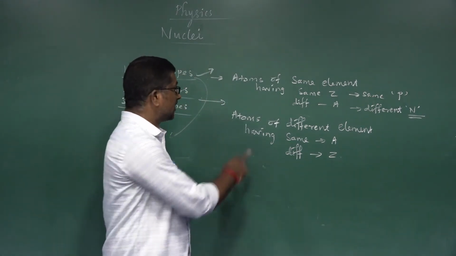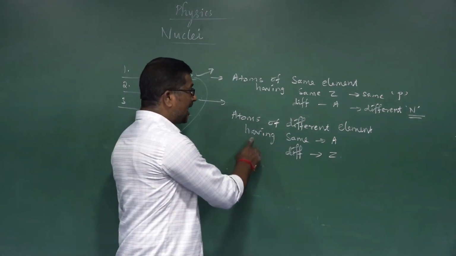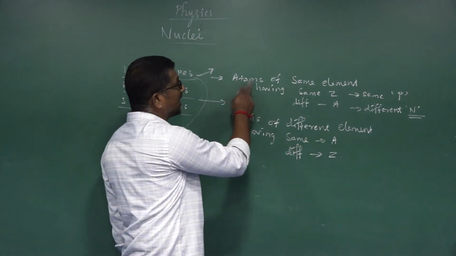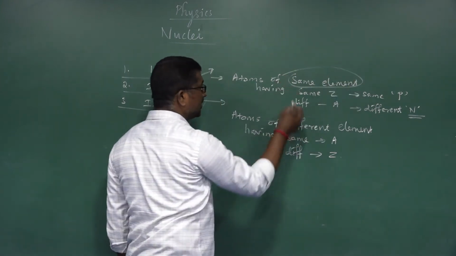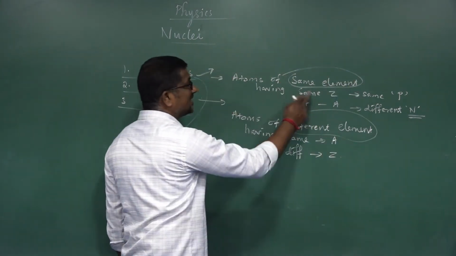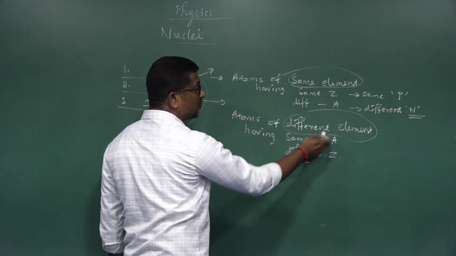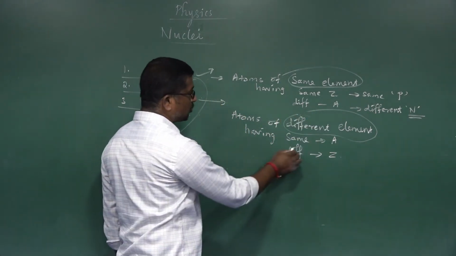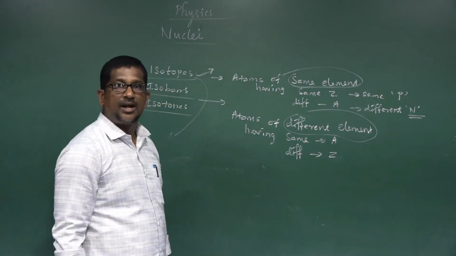Isobars are the atoms of different elements having the same mass number but different atomic number. But isotopes are the atoms of the same element having the same atomic number but different mass number. In the case of isobars, different atomic number.